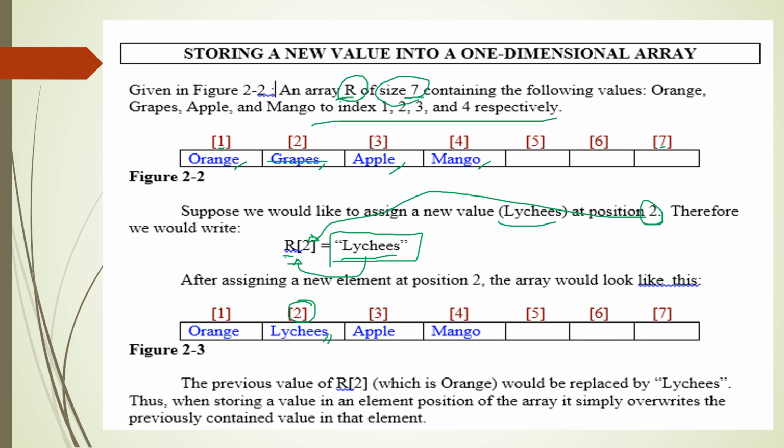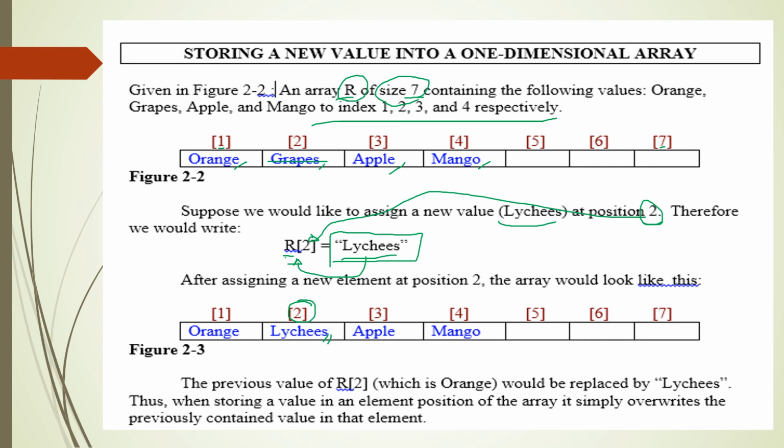Every time we store a new value in the array, it will just overwrite whatever is in that array index. There is no pop-up menu that asks whether you are sure you want to store lychees at index 2 because index 2 already has a value.